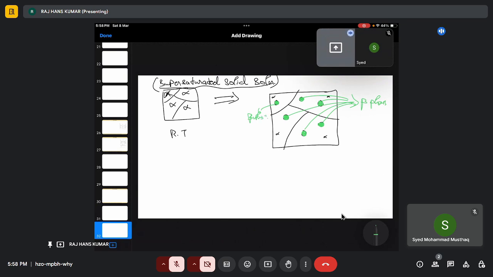And why do we do this? Because deformation in most materials is nothing but movement of dislocations. Now, when these dislocations move, and if you want to deform a material, there should be free movement of dislocations.